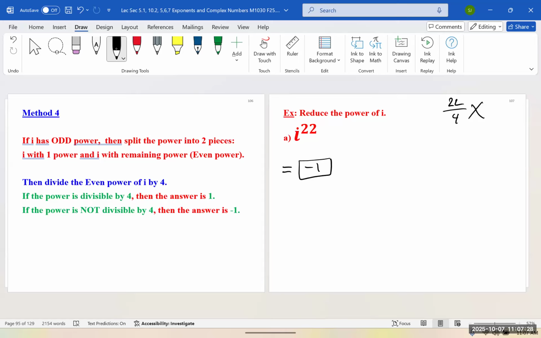If you can divide, then it's positive 1. How about i^20? It's 1 because we can divide 20 by 4. It's possible, so it's positive 1.